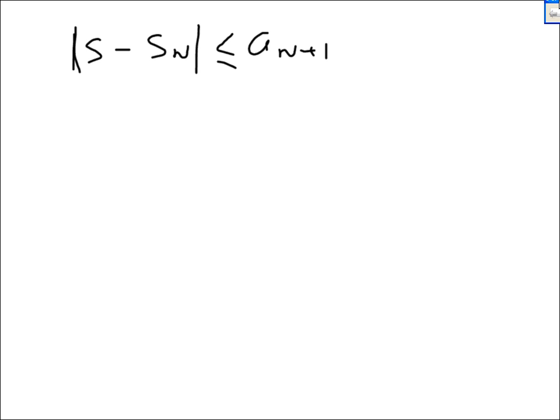So now, suppose that you want to approximate the summation, as n goes from 1 to infinity, of (-1)^(n+1) times 1 over n factorial, by its first 6 terms.